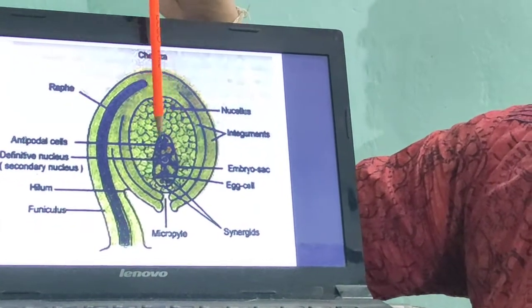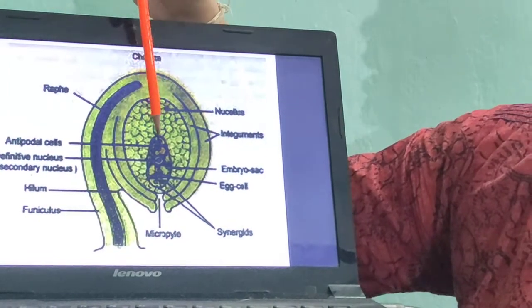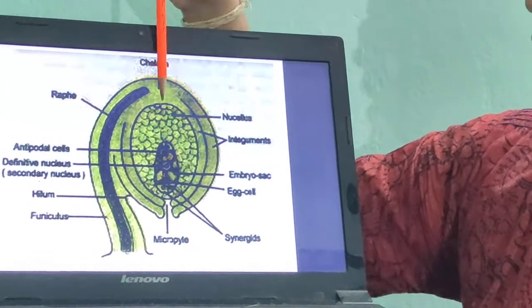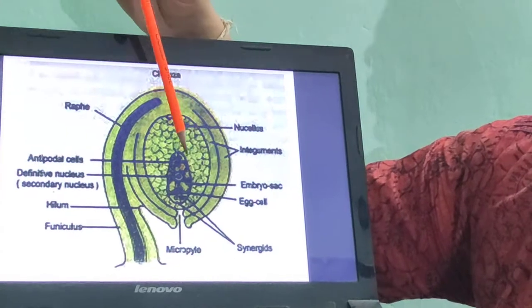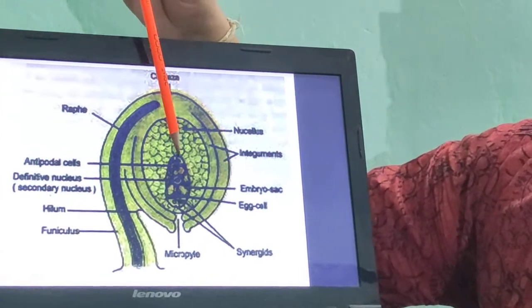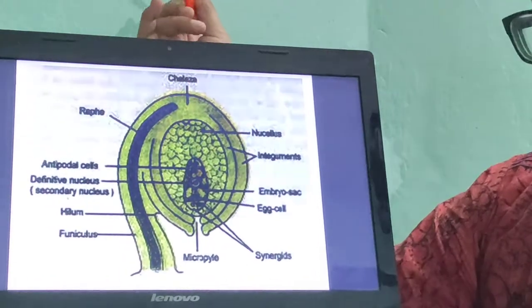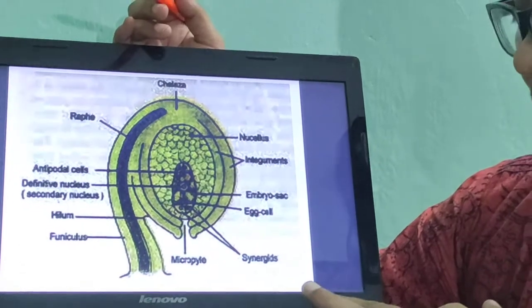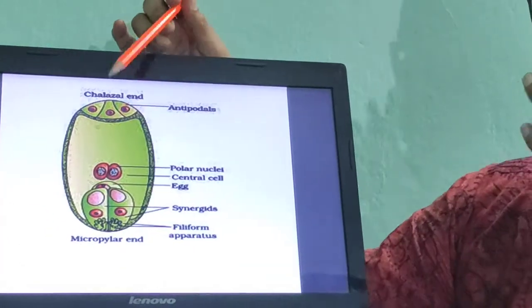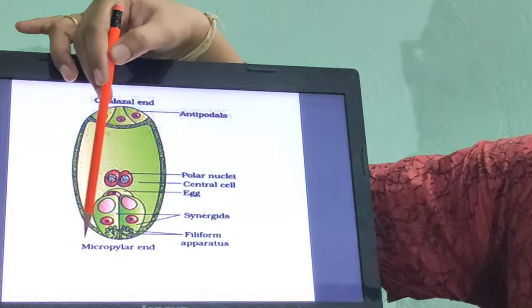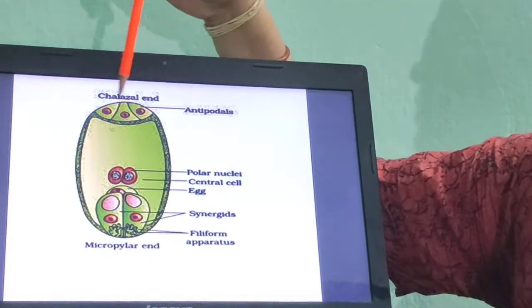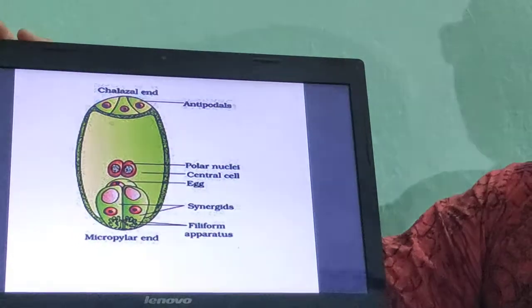And this end we describe as the chalazal end, because the chalaza is towards this side. So what happens here? You see, this is the micropylar end of the embryo sac and this is the chalazal end of the embryo sac.